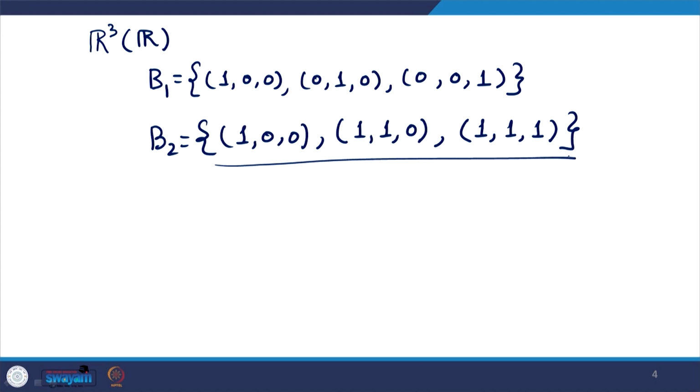So, B2 is also a basis for R3. We can have many other bases where we have 3 linearly independent vectors from the vector space R3 as a basis, but the common thing is all these sets have 3 vectors.